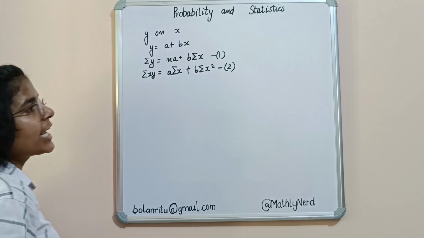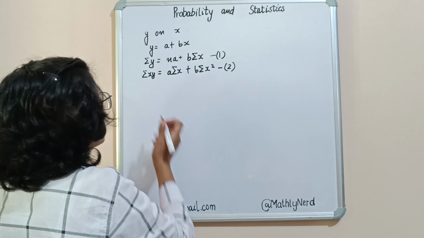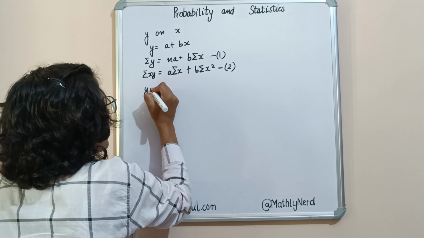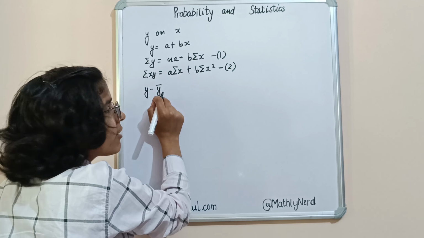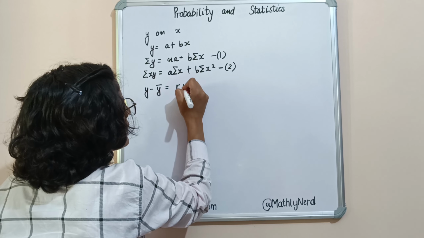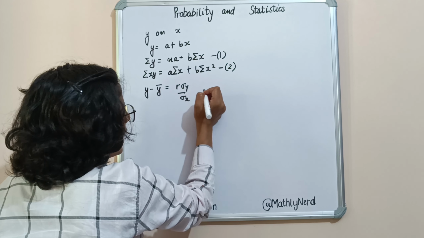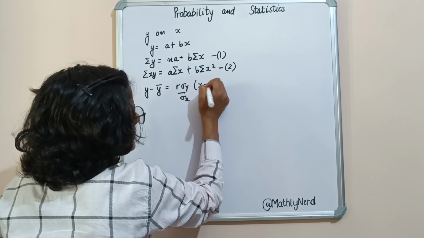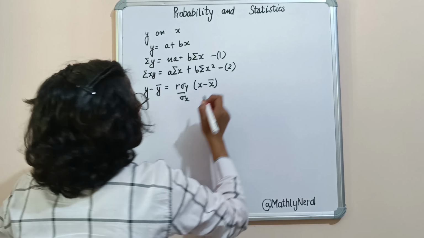But we can write this regression line in another form, which is y minus y bar (the mean value of y) equals r sigma y by sigma x times (x minus x bar).